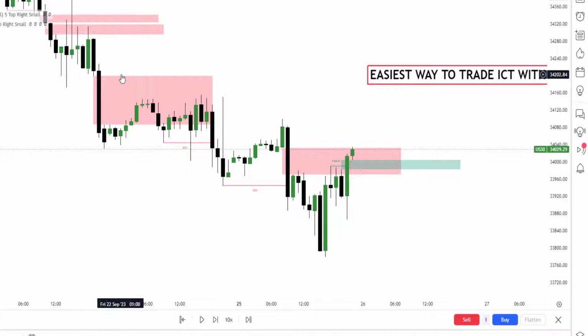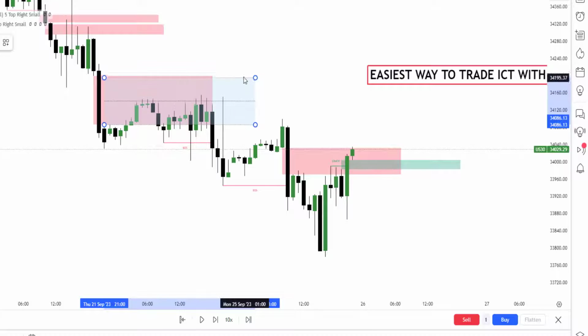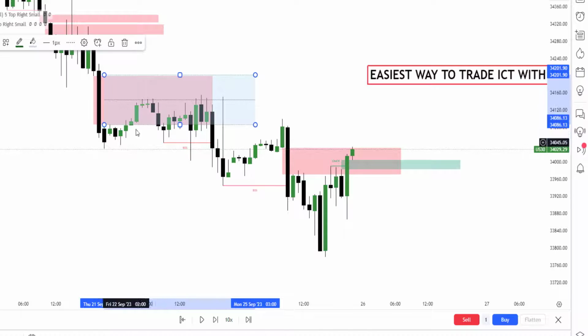And when you have a very big fair value gap, how do you take a trade from it? The consequent encroachment, which is the 50% level of that particular fair value gap, right here to this level, the middle. Notice how price came back to the middle of this very big fair value gap, and then it continued downward, breaking structure right here. The indicator has done everything for you. Another break of structure. You don't need to struggle to identify break of structure.